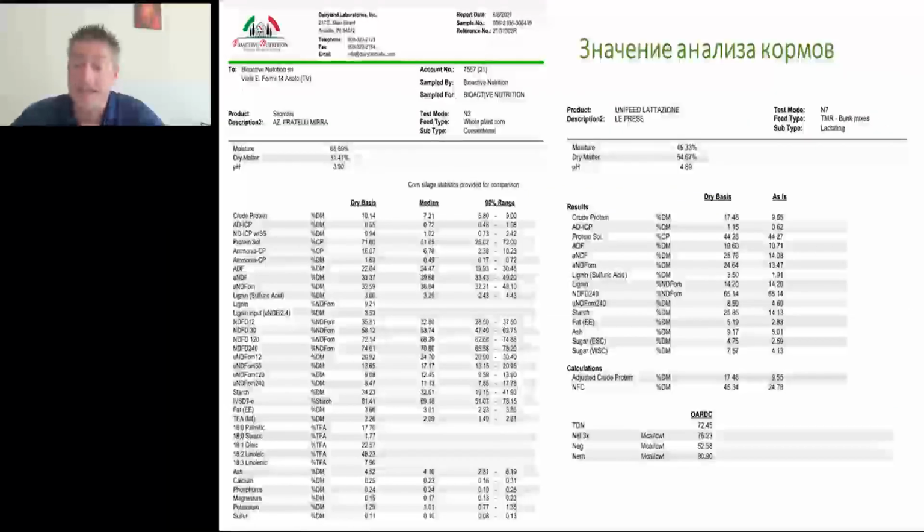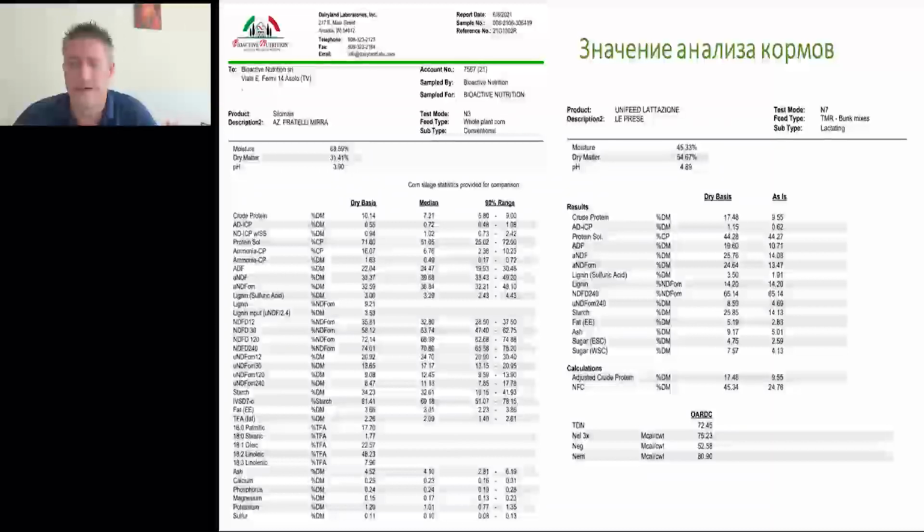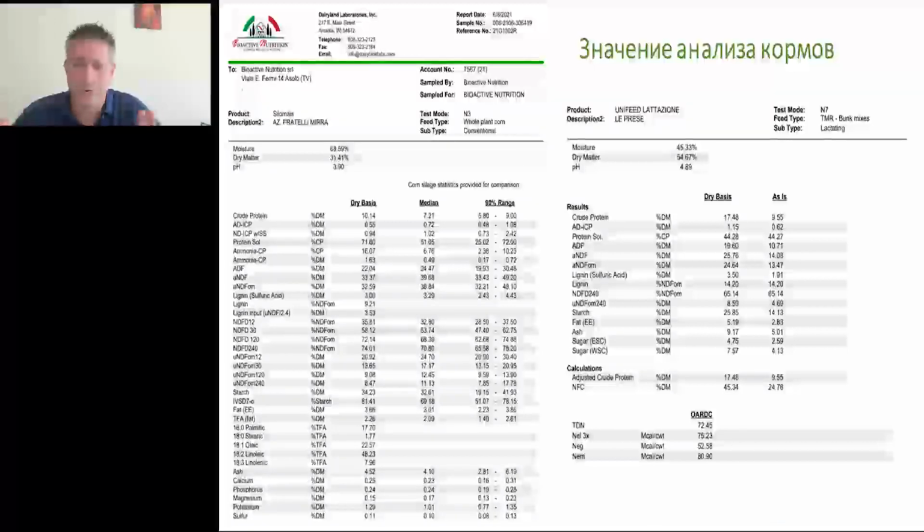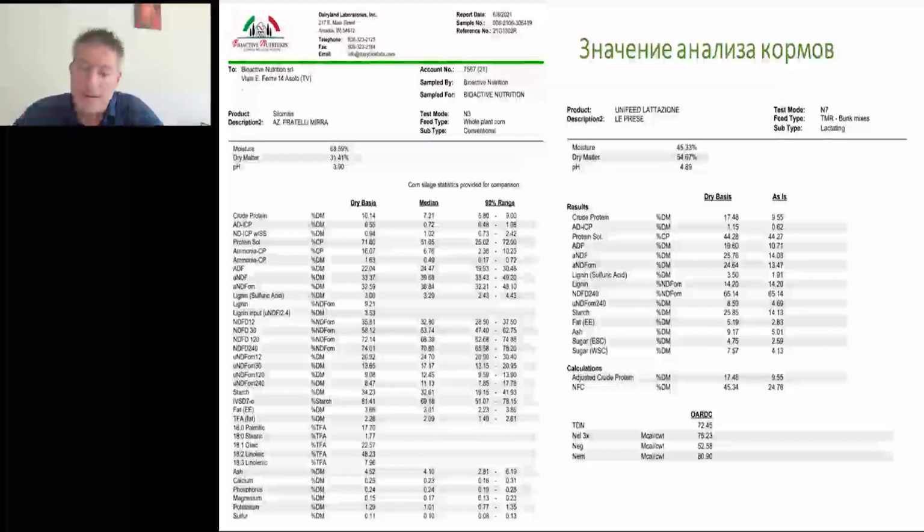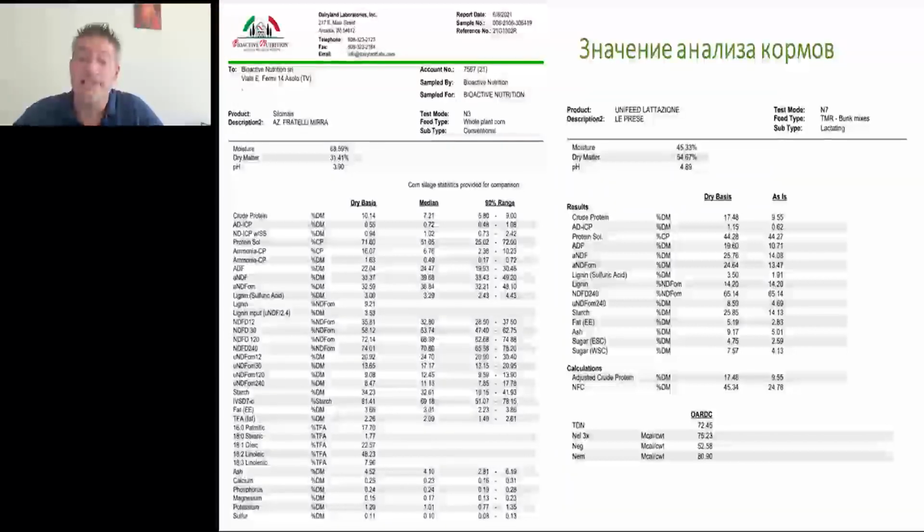This is just a feed analysis report. On the left side, it's not clear because there are so many data, but I wanted to give you just an idea of what we consider here. Very important is to have some data about digestibility.